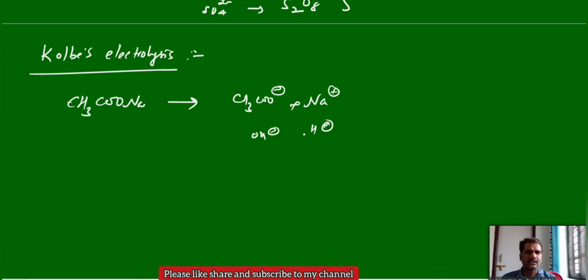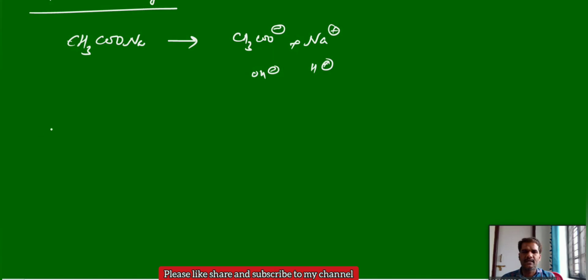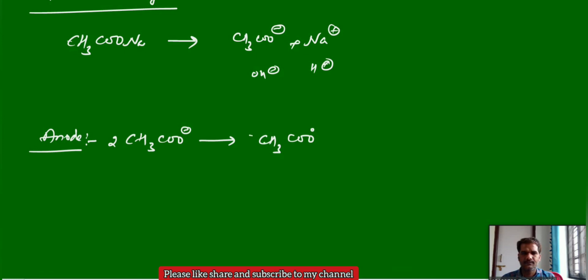Now, if you pass electric current, if you do the electrolysis, what happens? At anode, oxidation, at cathode, reduction. So the chemical reactions can take place at anode. The acetate ion will move towards anode. Then it can liberate electrons and form the radical.